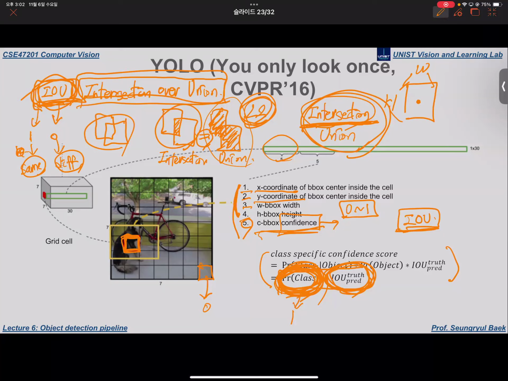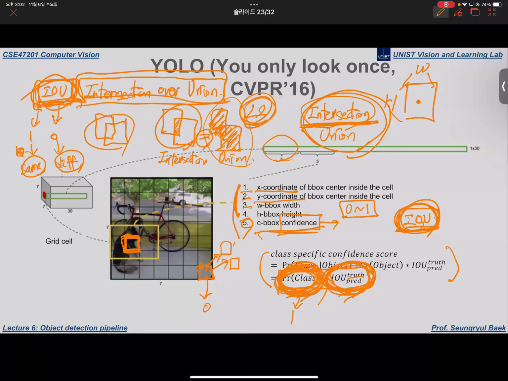And what I denoted here, the IOU between the prediction and ground truth, means that during training we have to calculate two bounding boxes. Maybe for this region, we estimate two bounding boxes, right?